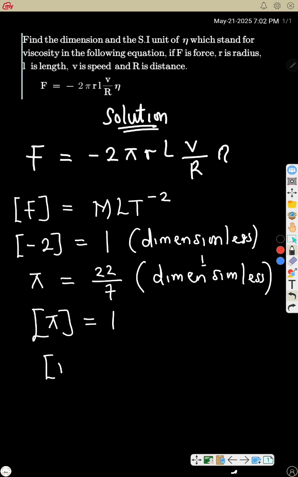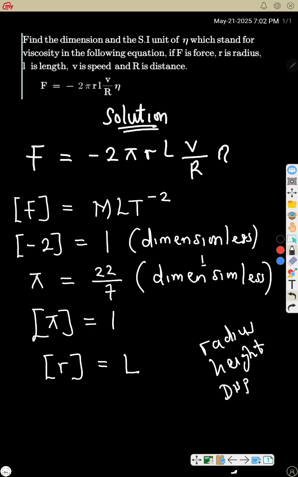So the dimension of r is L. Remember, I've mentioned that radius, height, distance, displacement, width, everything are a kind of length. So the dimension of radius is length. You can go and watch my dimension video to refresh all this.